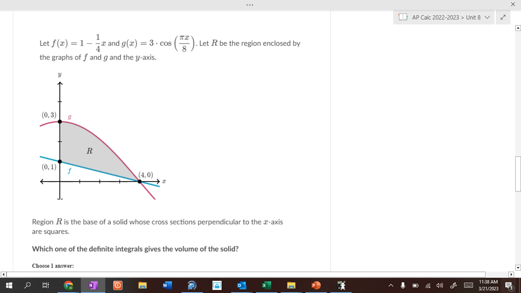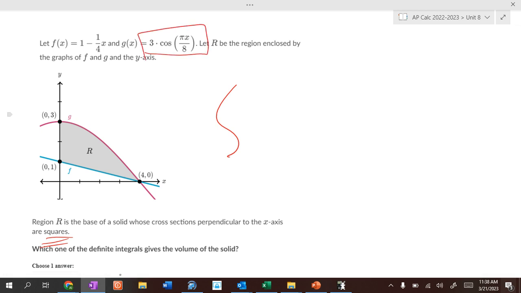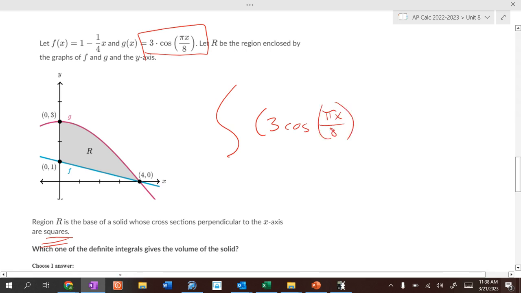Okay, let's look at this one. I'll just go like this. All right. So these are squares. So it's the integral of the top curve, which is this, minus the bottom curve, and we're going to square that. And we're going to go from 0 to 4.